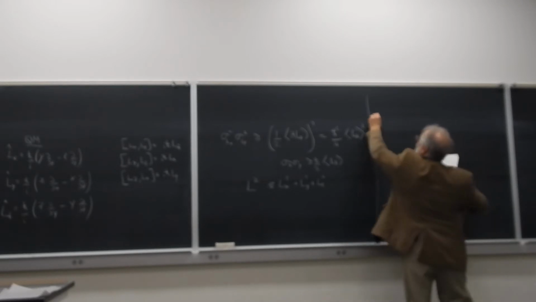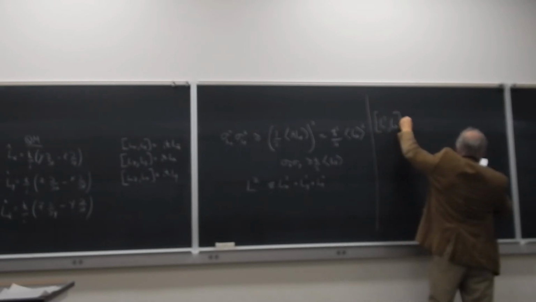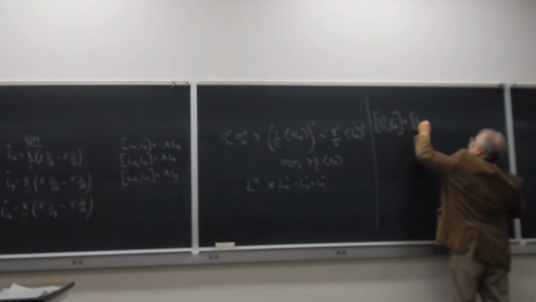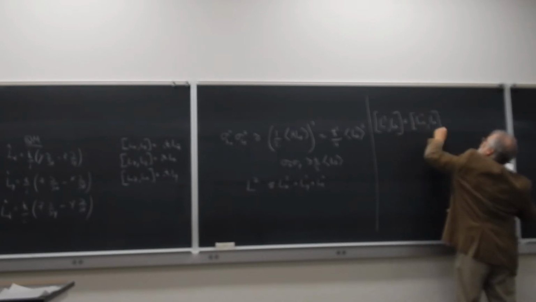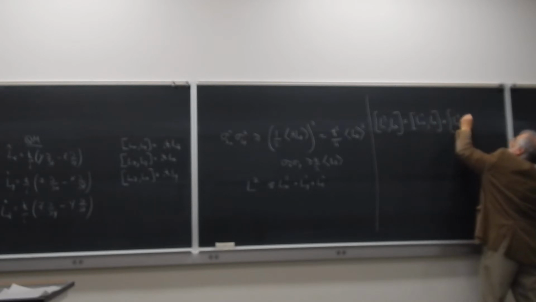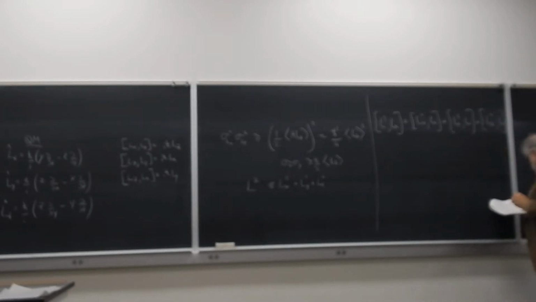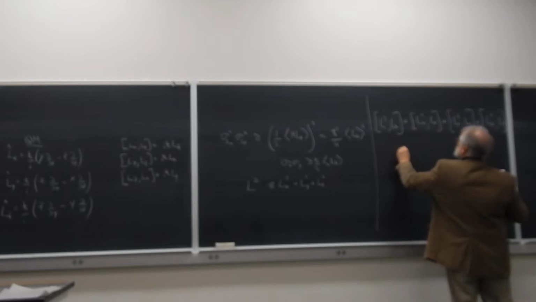We can show this. The commutator of L squared with Lx, I can write as [Lx squared, Lx] plus [Ly squared, Lx] plus [Lz squared, Lx]. And I can distribute that out.